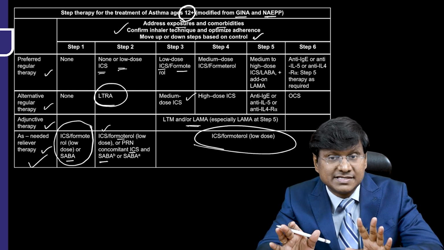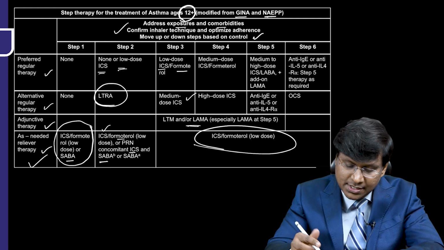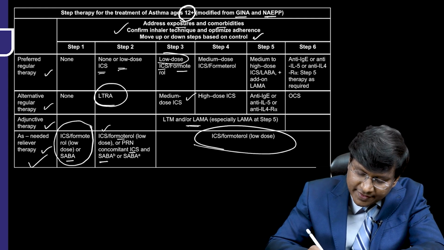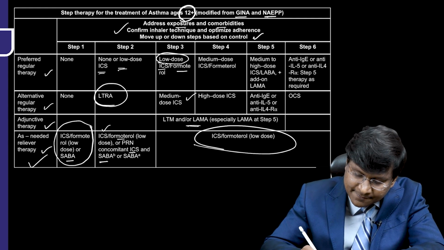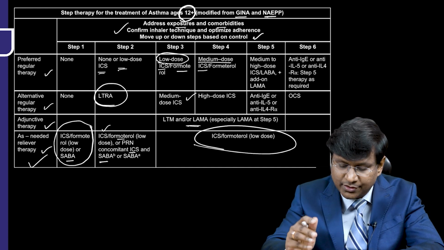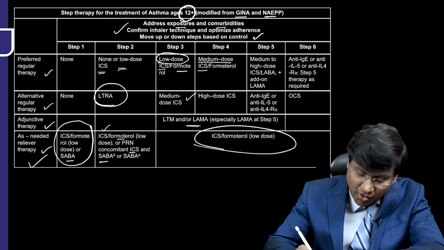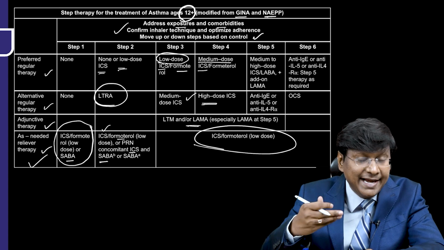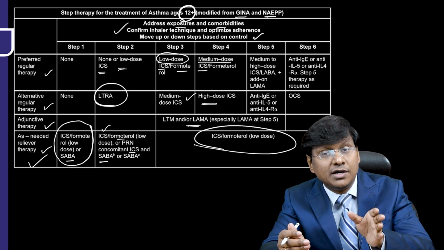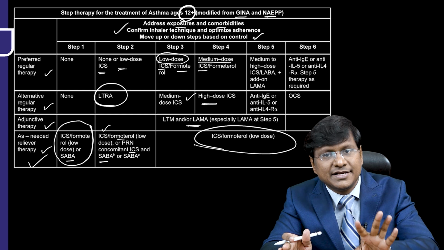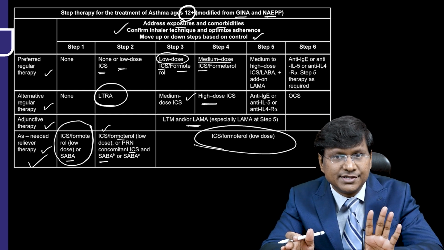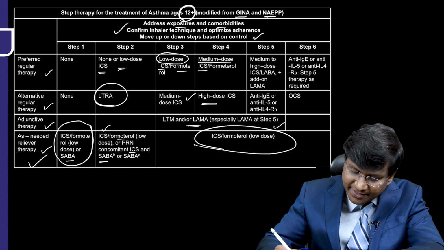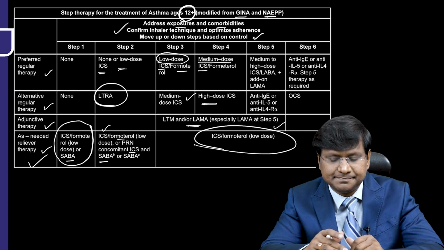That is step 3. In step 4, you need to increase the dosage of the inhaled corticosteroids. The medium dose inhaled corticosteroids are required, and the alternative regular therapy will be high dose inhaled corticosteroids. And the adjunctive therapy is the same as what I discussed for step 3.